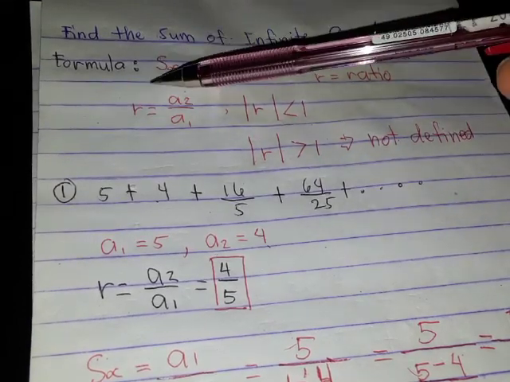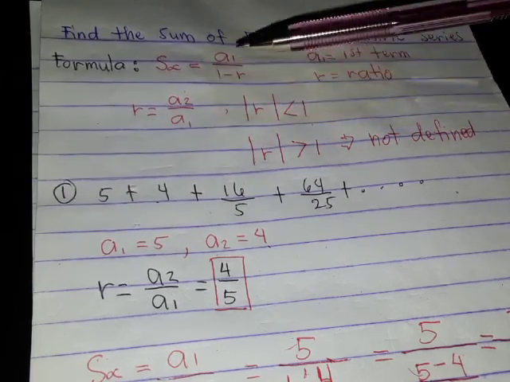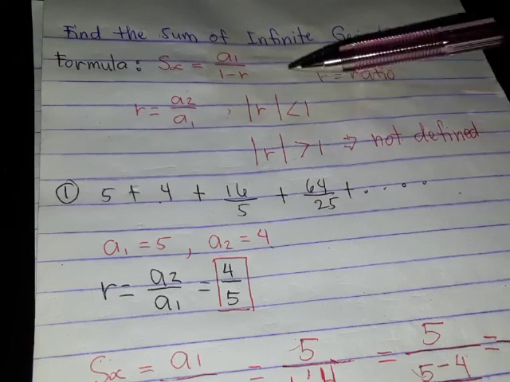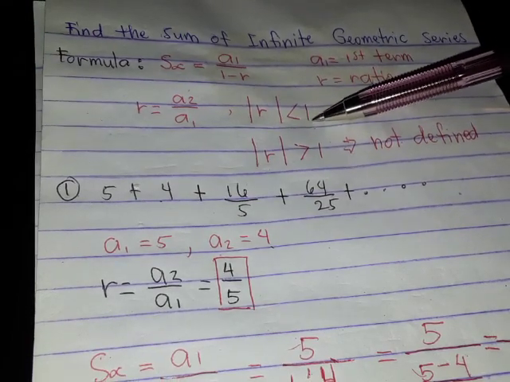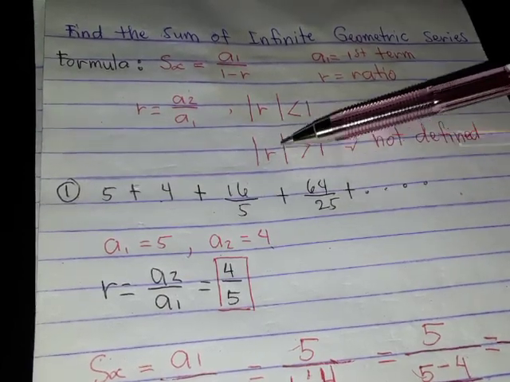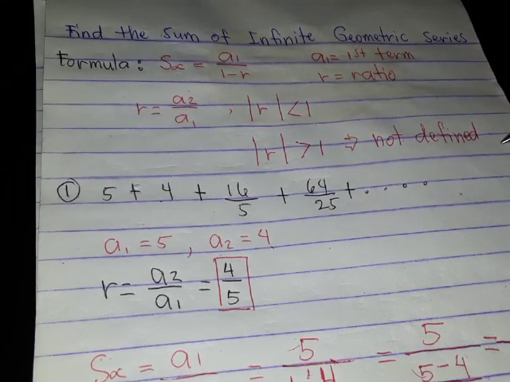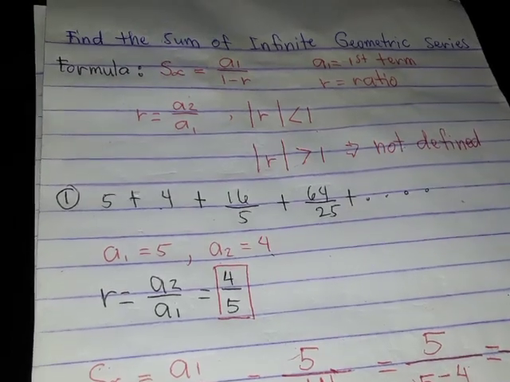And in getting the ratio, we have a sub 2 all over a sub 1. And remember that the absolute value of r must be less than 1 to be defined. Because if the absolute value of r is greater than 1, then it is not defined.